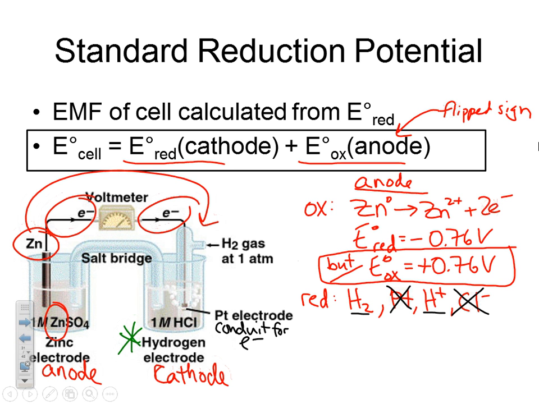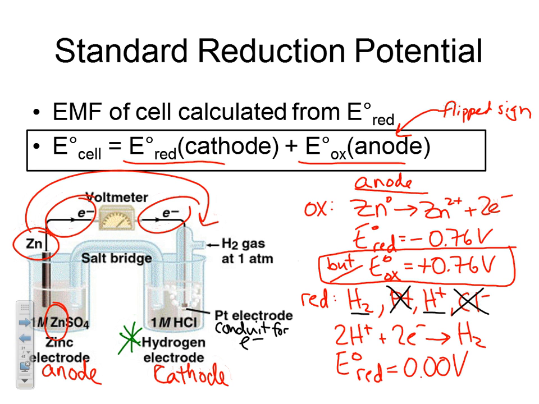So we want to write a reduction half reaction. So I'm going to write the H plus being reduced, right, going down in charge. And this is reduction. So looking that up on our list of SRPs, and that's actually our basis for comparison. That's 0.00 volts.